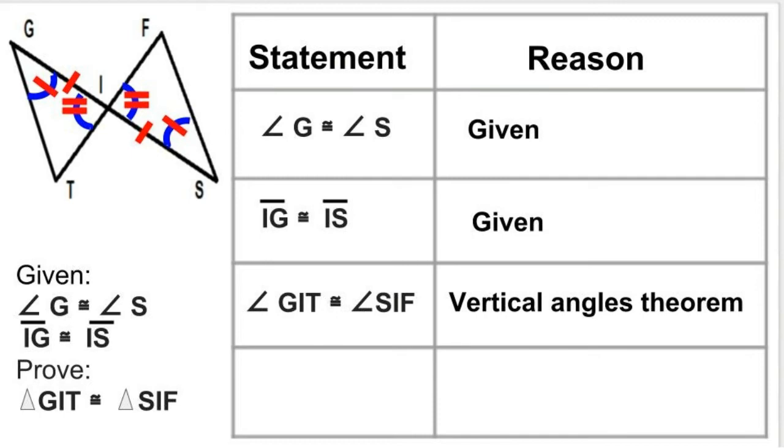Now that we have two corresponding angles and an included side congruent, our fourth statement is triangle GIT is congruent to triangle SIF, and the reason is the ASA postulate.